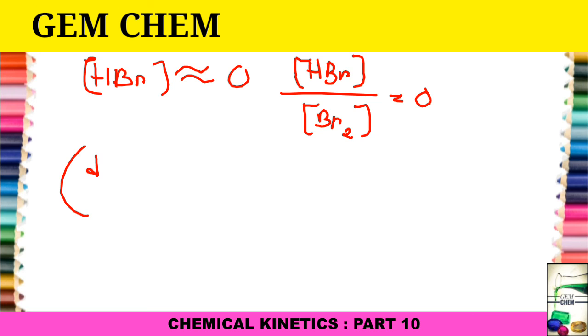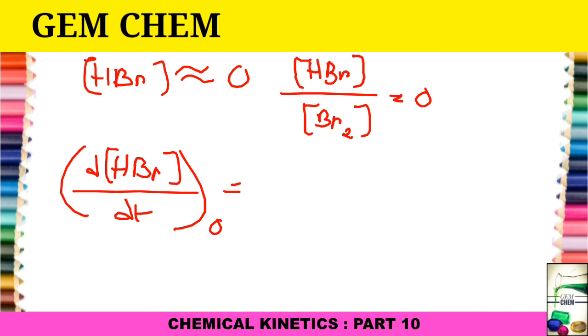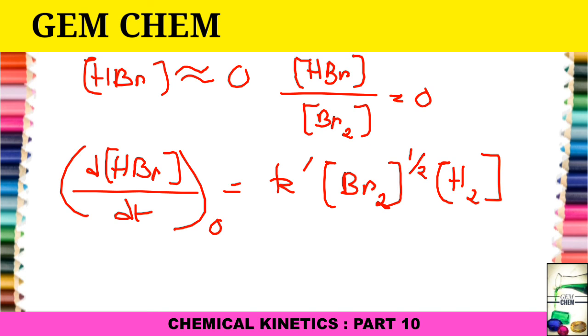So our dHBr concentration by dt at 0 concentration can be written as K dash Br2 to the power half H2. We are just removing the denominator. Order is 1.5, that is 3 by 2. From here we can understand that with respect to bromine it is half, and with respect to hydrogen it is 1.